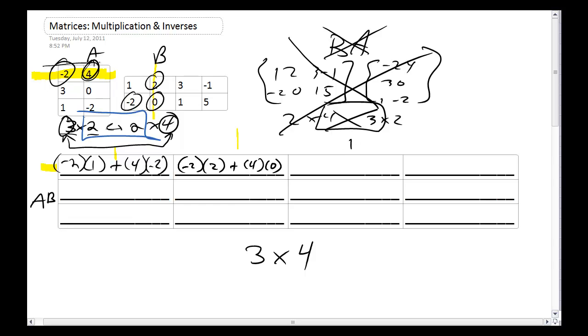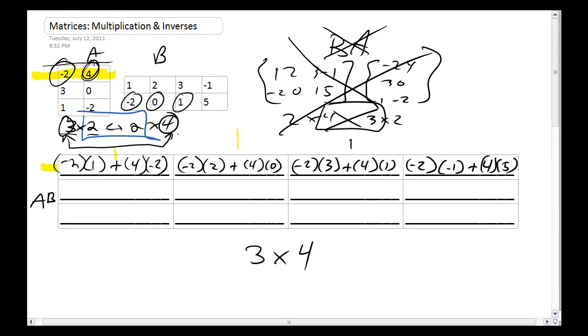I'm in the first row again from A, but now in the third column from B. So I'll get negative 2 times 3 plus 4 times positive 1, getting that positive 1 from this term right here. For the fourth column, I'm going to get negative 2 times negative 1 plus 4 times 5, again grabbing that from the fourth column on B.